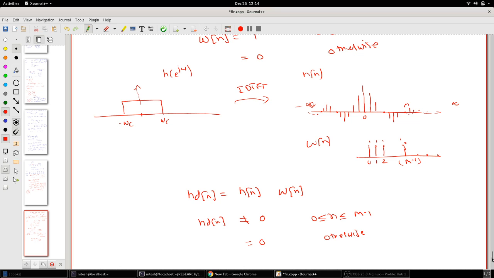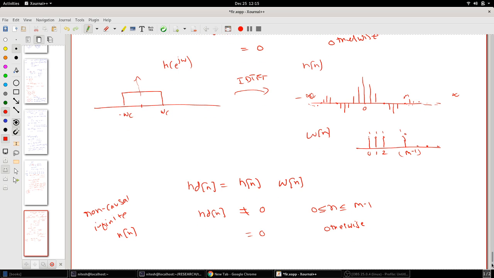So now what I have done is converted a non-causal, infinite h of n into a finite hd of n.